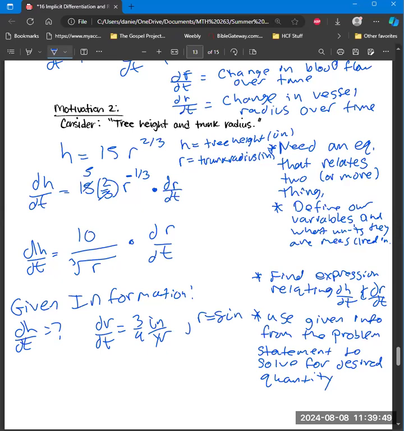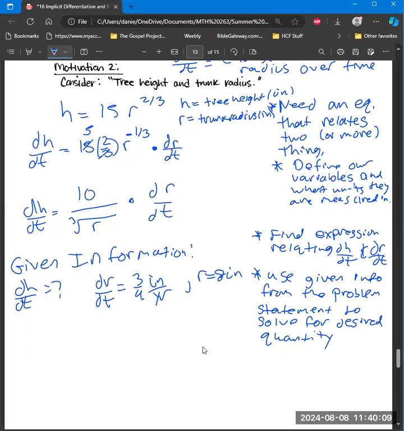So if r is 8 inches, we could find the original height if we wanted to, but that's not part of our formula down here. We don't have an h anywhere in this related rate, so we don't need to find h. If h was still down here somewhere, we would need to calculate h from our original function.